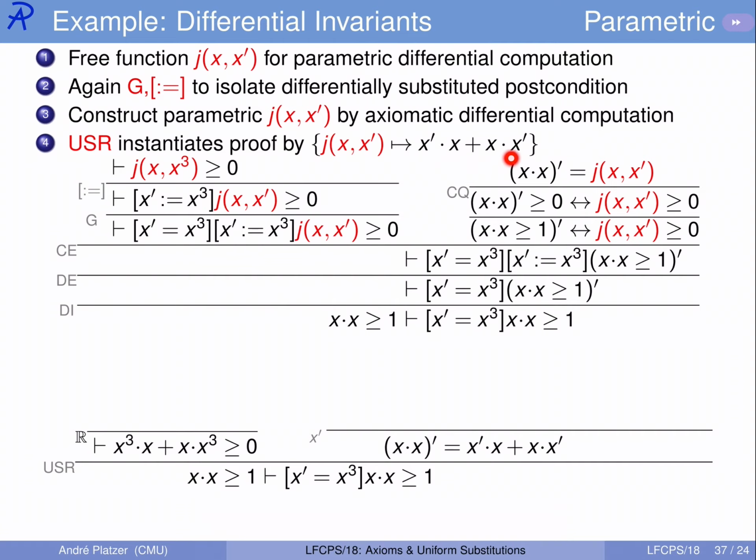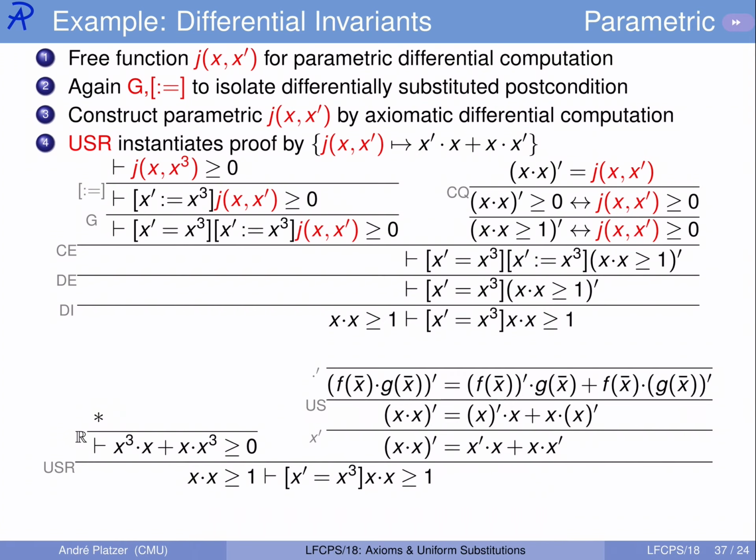Once you've found out the answer later on, it's just one reasoning application of uniform substitution on the entire proof, which will replace this here by x cubed x plus x cubed, and on that side we'll replace it as well with something that will then be easily proved, as we saw before, as essentially a uniform substitution instance of the Leibniz rule for differentials.